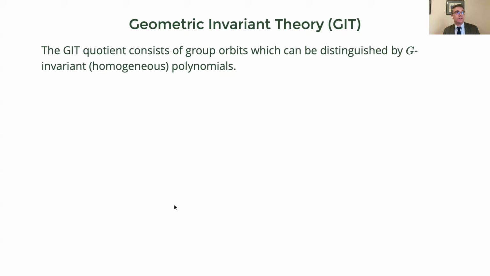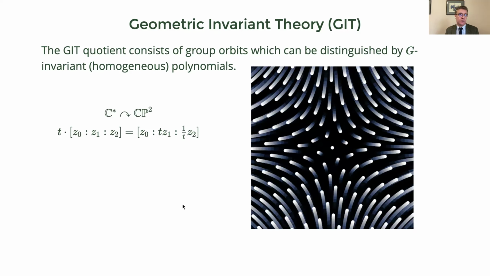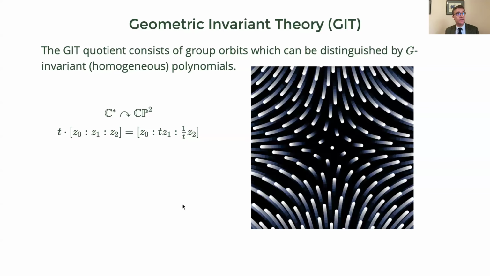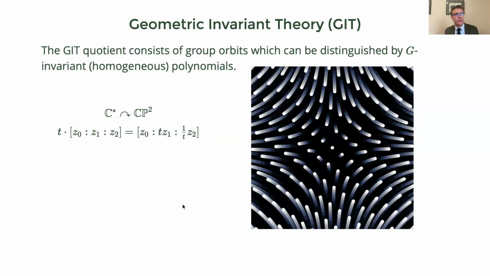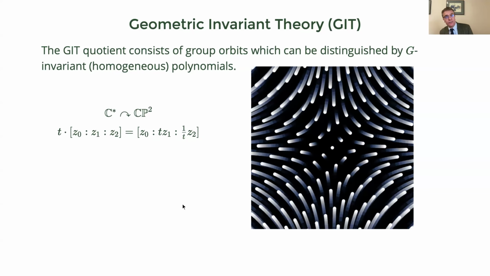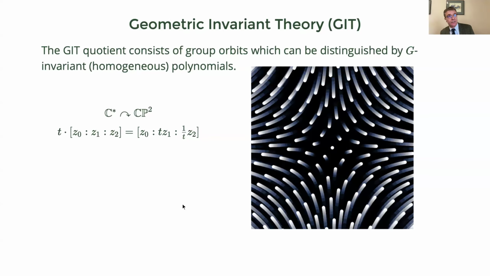So in the world of algebraic geometry, you want to work with algebraic actions, and so this is some shadow of some algebraic action. And then one thing you get out of geometric invariant theory is a way of taking quotients of varieties by algebraic group actions.